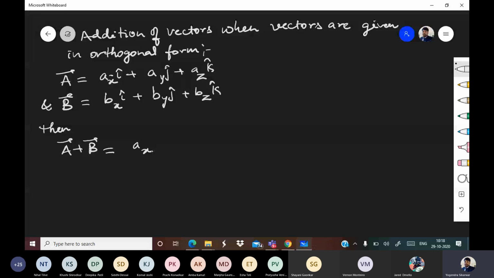It will be (ax plus bx) i cap plus (ay plus by) j cap plus (az plus bz) k cap. That's how we can find a vector plus b vector.